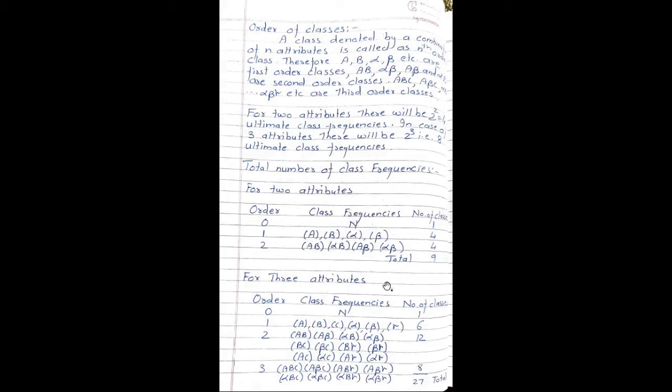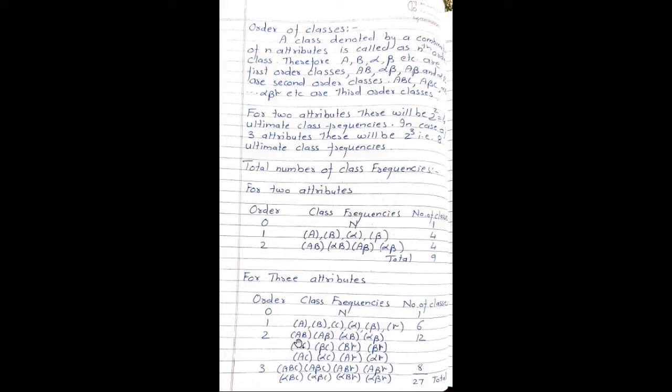If we consider 3 attributes, we will have 27 classes. Order 0 has class n, so 1 class. For order 1, A, B, C, alpha, beta, gamma, so there are 6 classes.